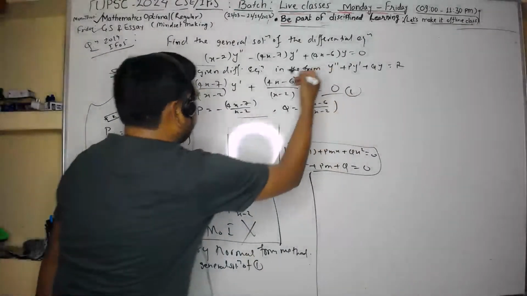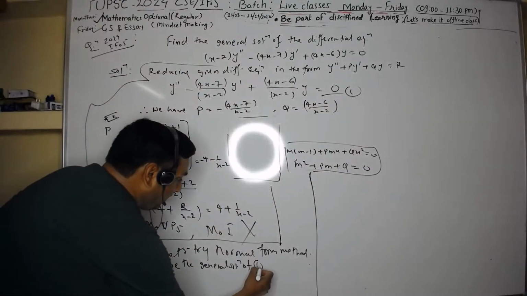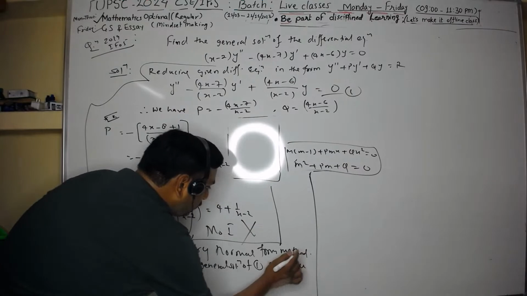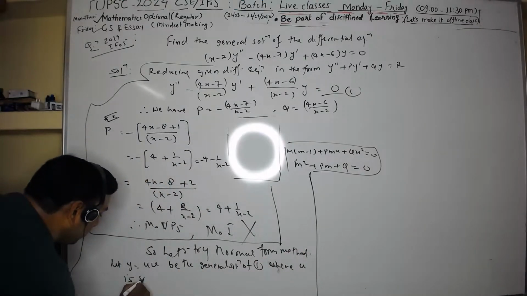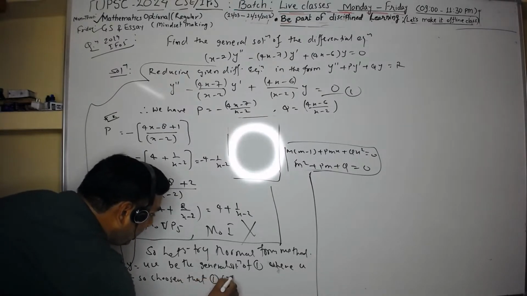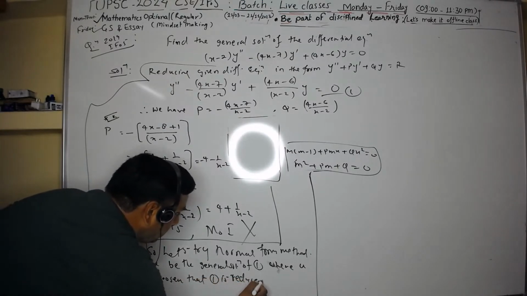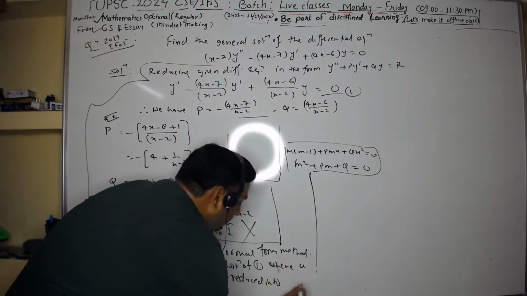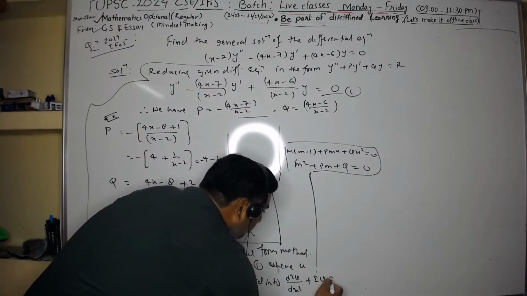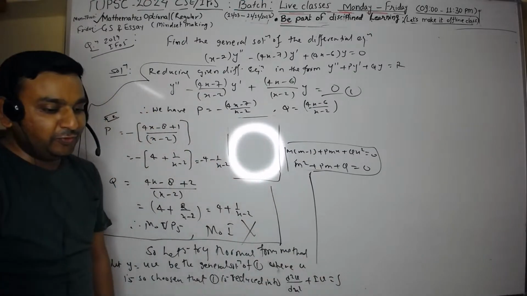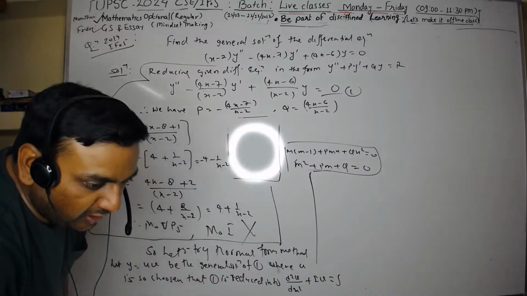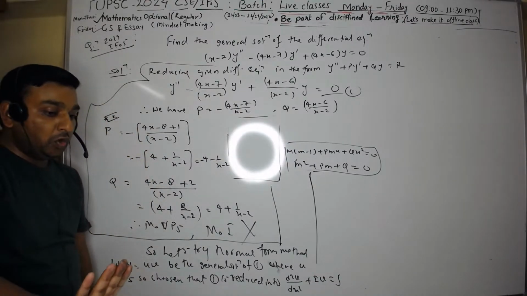Let's say this I call as equation 1, where u is so chosen that 1 is reduced into d2v over dx square plus I v equals to S. Sir, do we have to show this? Harish, no, no, no, not at all.